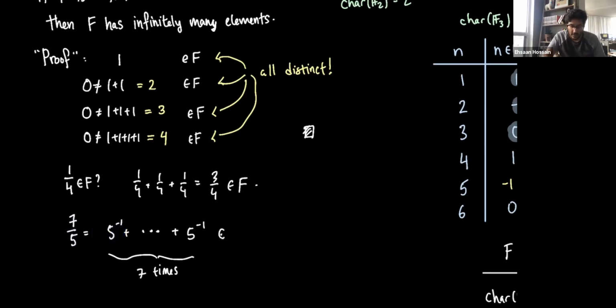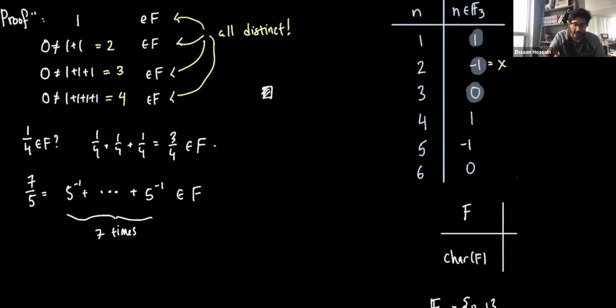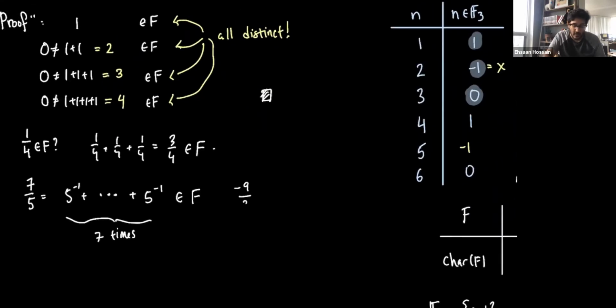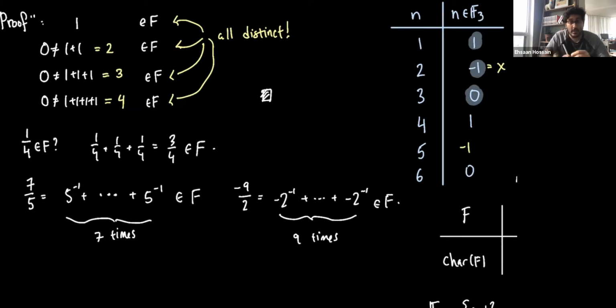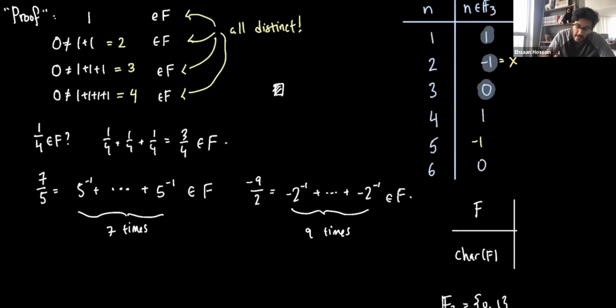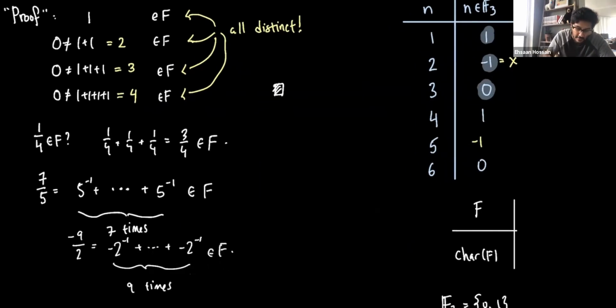So this is also in F. Any fraction I want, I can just do this, even if it was negative. If I wanted negative 9 over 2, I could just take negative 2 inverse and add that up 9 times. And that's in F. So you can see that any rational number is contained in F.